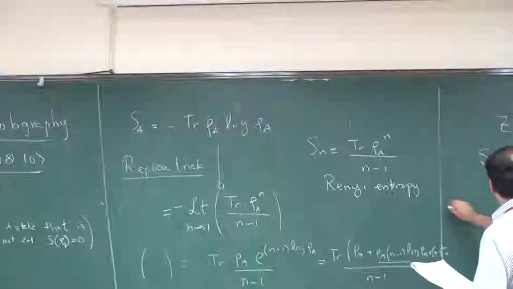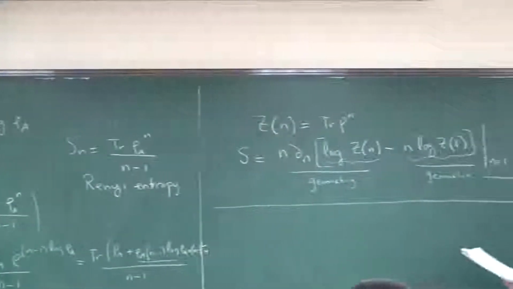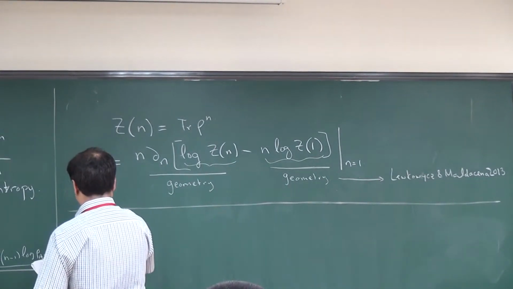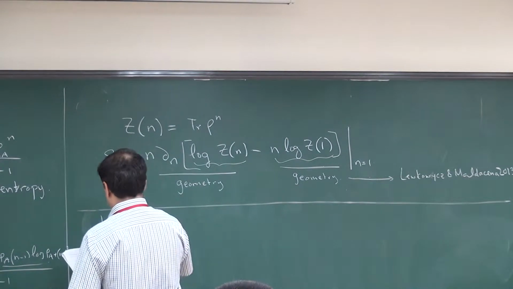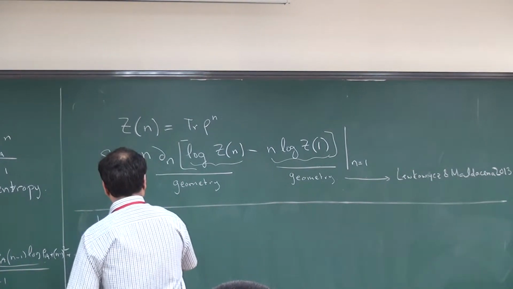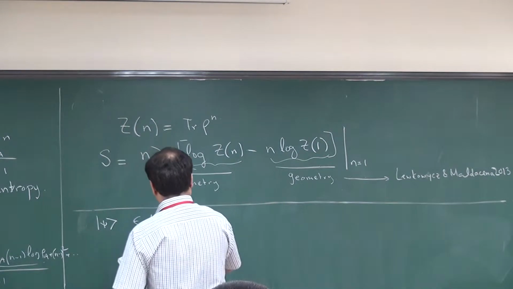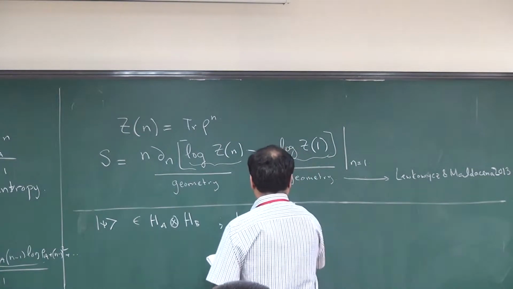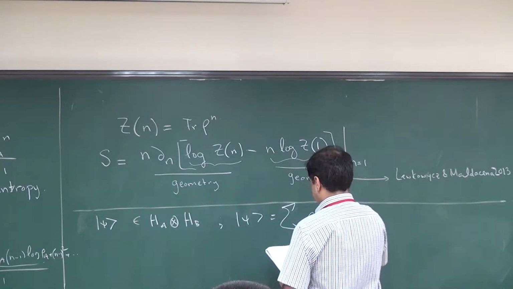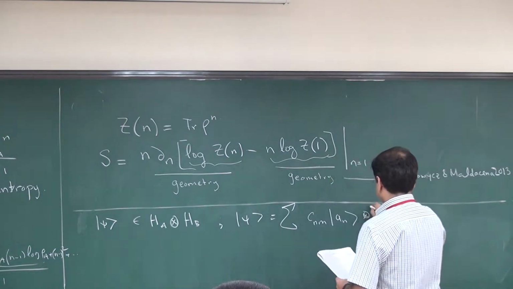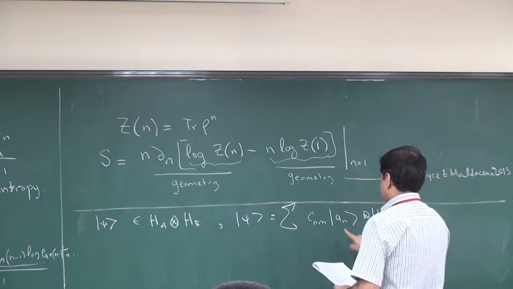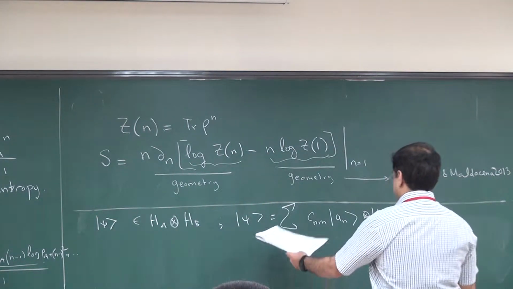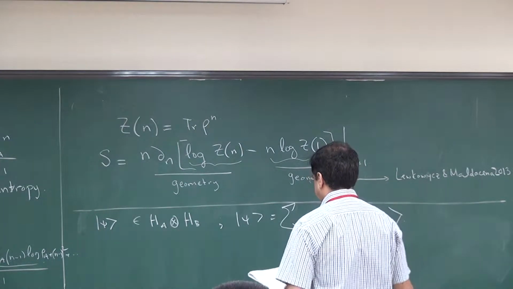So another useful basic piece of information is what is called a Schmidt decomposition. If you have a pure state psi, psi can be written in the following way: psi is the summation of C_nm A_n B_m, where A belongs to the Hilbert space H_A and B belongs to the Hilbert space H_B.